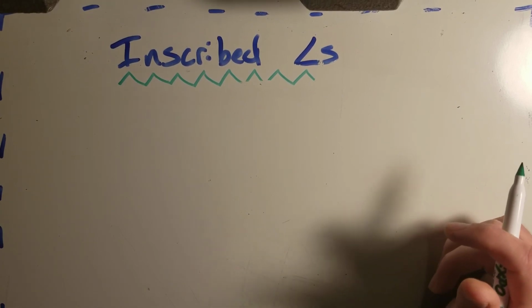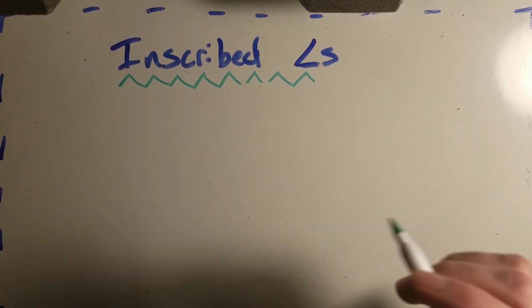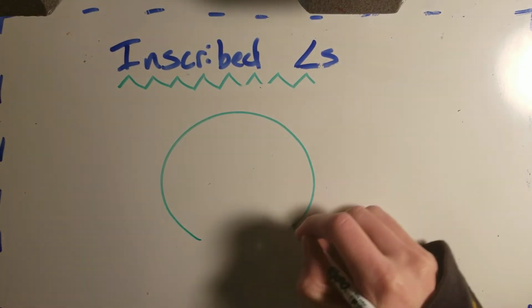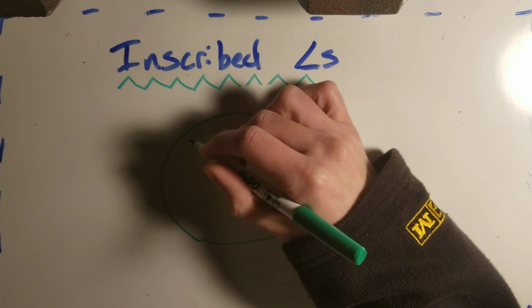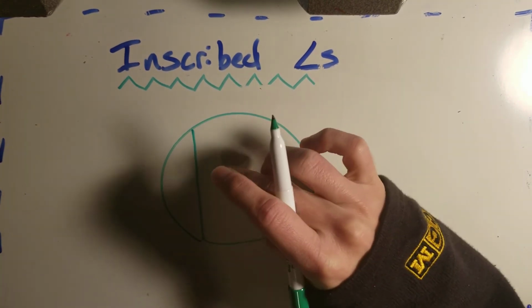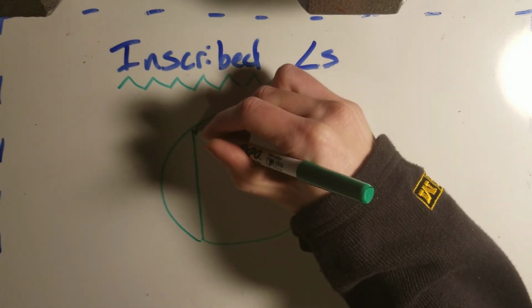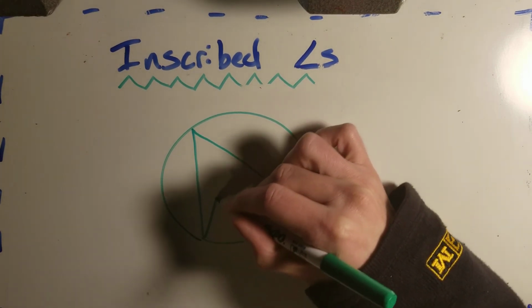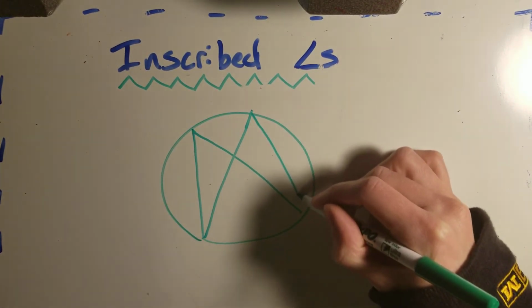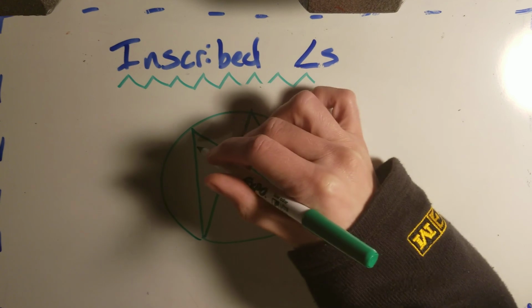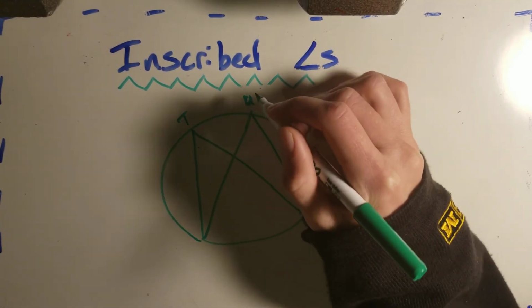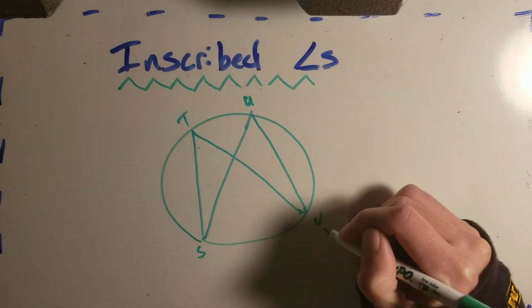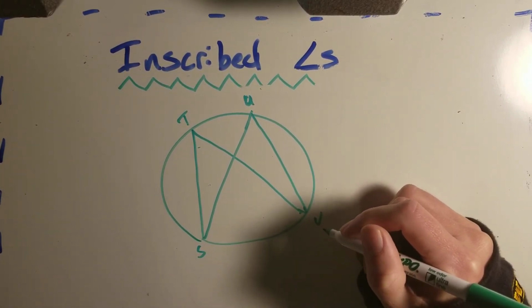So let's do the one in the book with a little bit of algebra incorporated in. There's our circle, and actually we'll take the center away. We have these two angles up here, angle T and angle U, and we have S and V down here. That's going to be our arc.